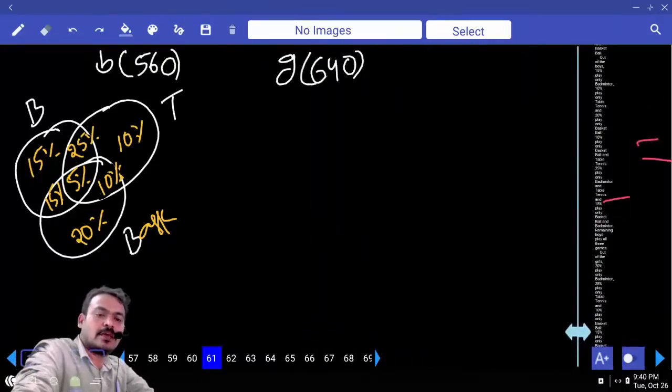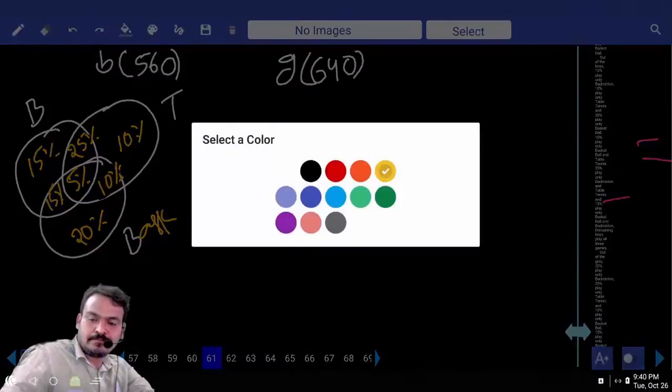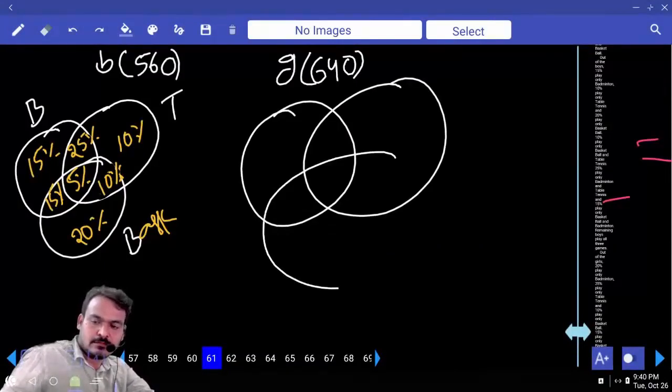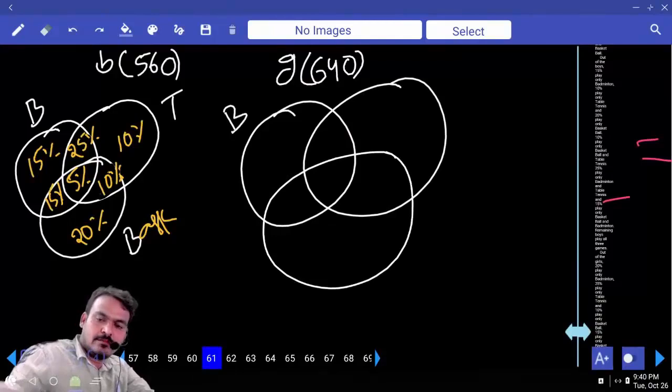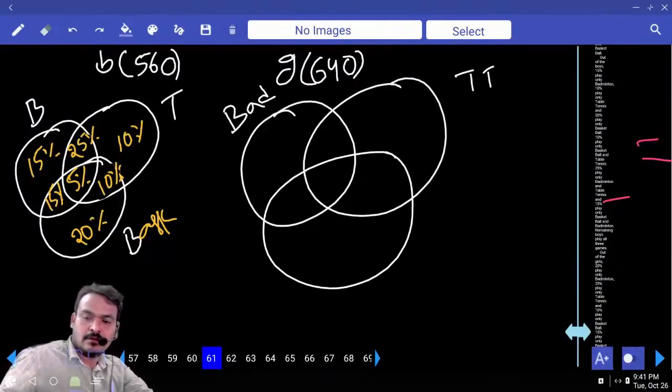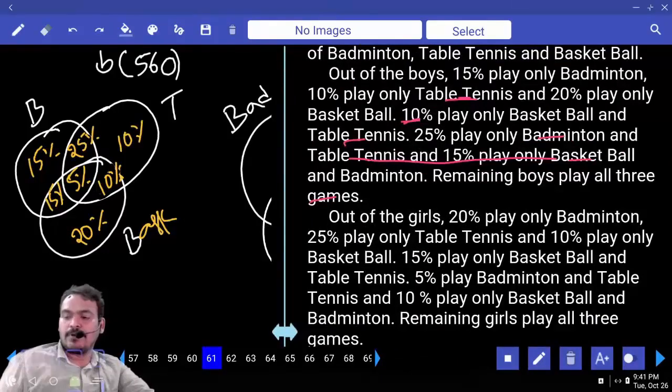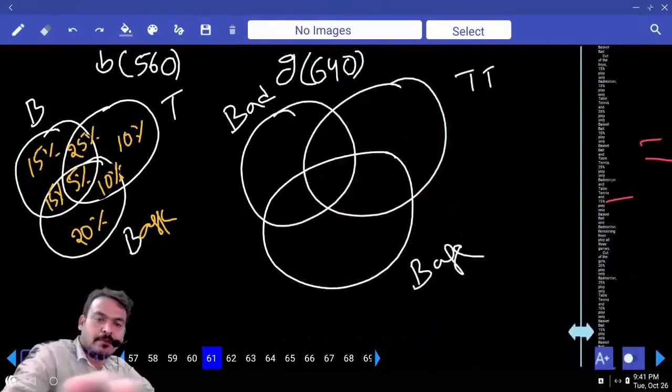Next, in girls also same or different? Same. Badminton, table tennis, basketball. Out of the girls, 20% play only badminton.